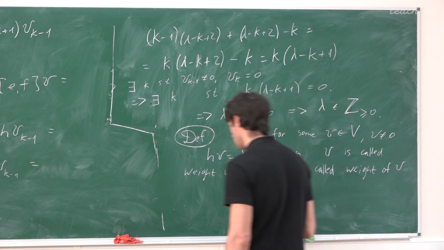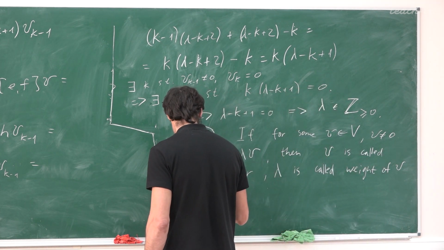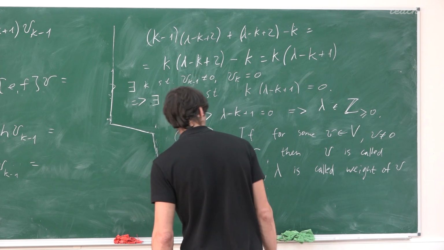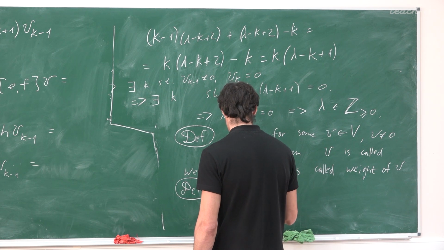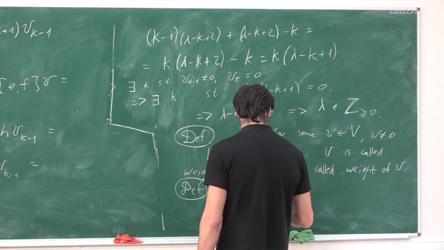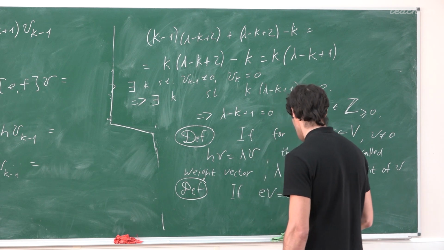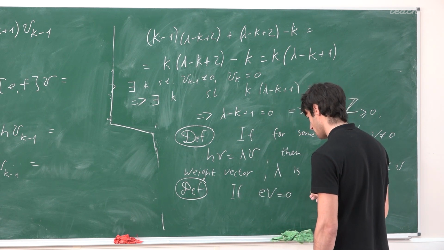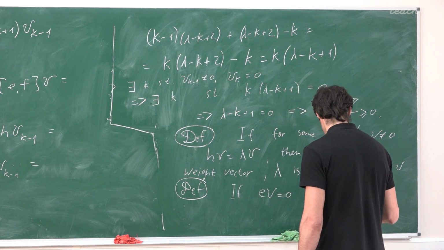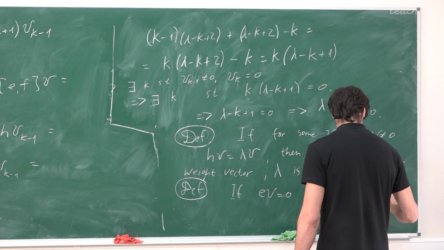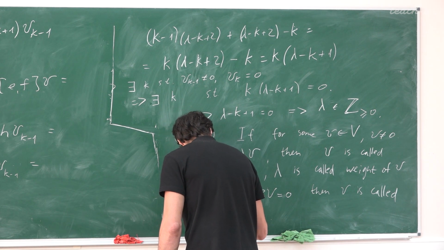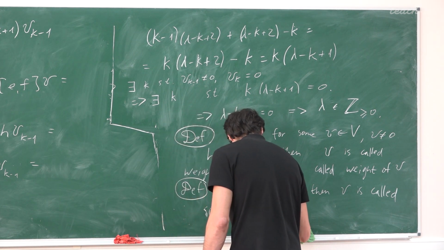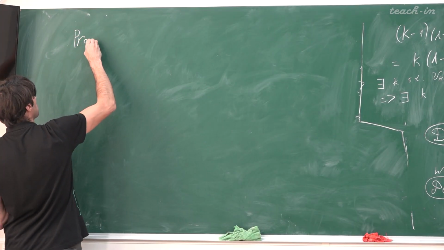Another terminology that I will use from time to time is that if Ev is 0, then v is called a singular vector. Proposition.